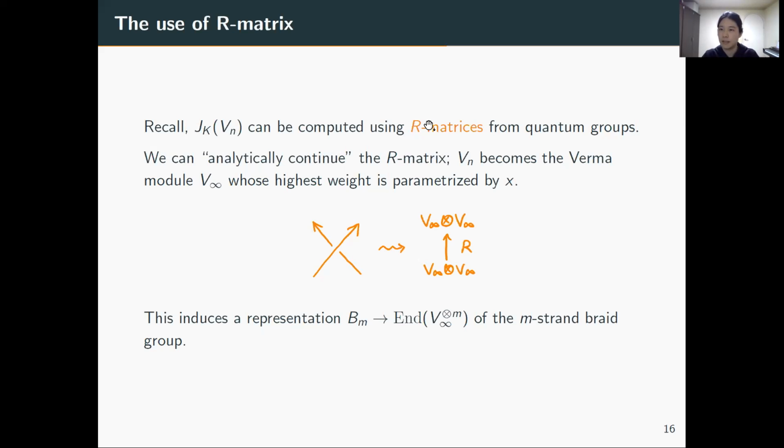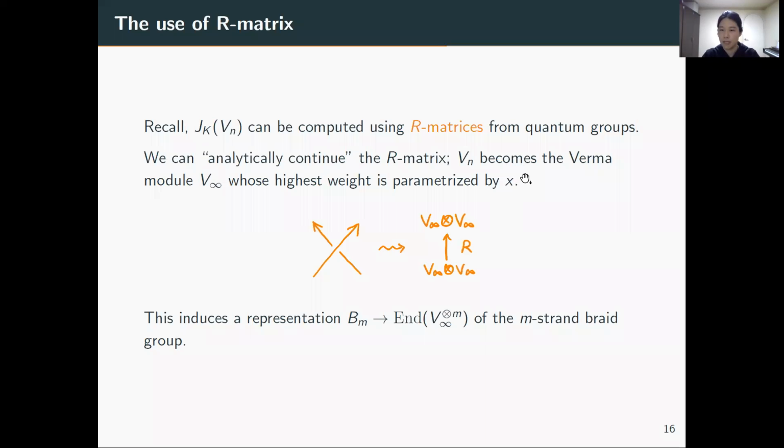Under this analytic continuation, those finite dimensional representations V_n now become an infinite dimensional representation, the Verma module V infinity with generic highest weight, and the highest weight is parameterized by x. It is the same x variable that we've been using.